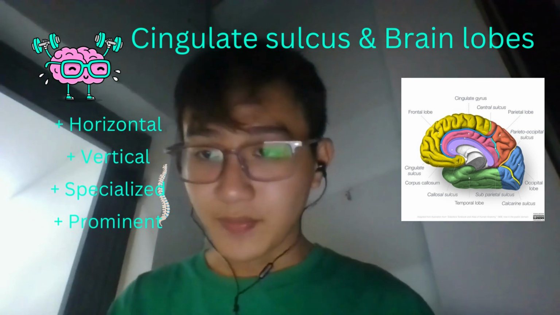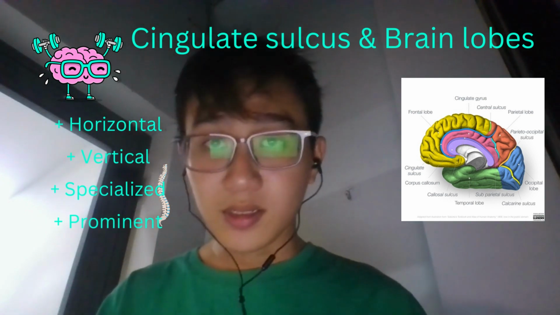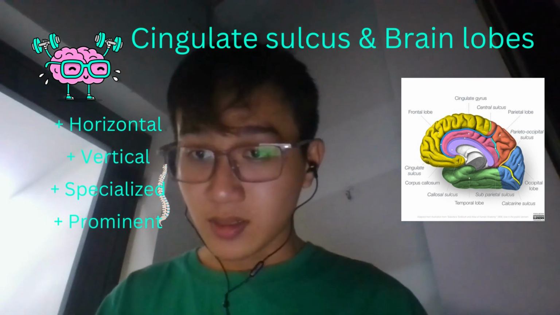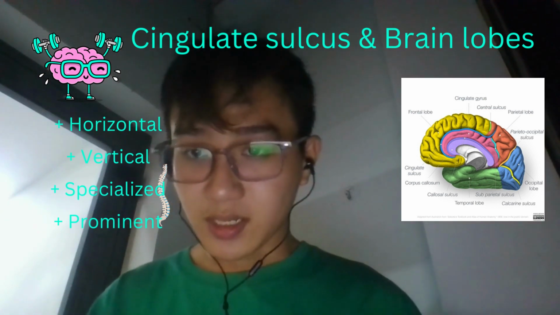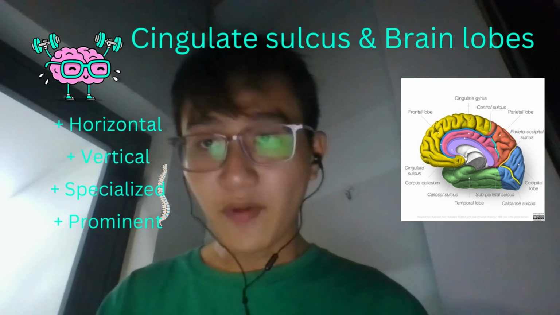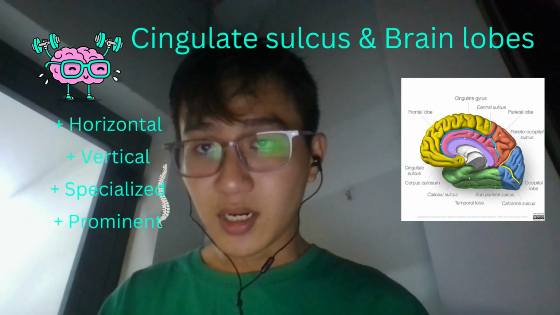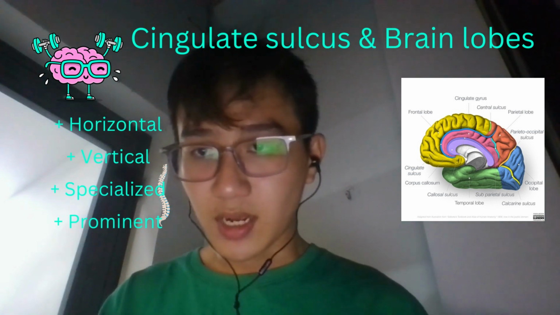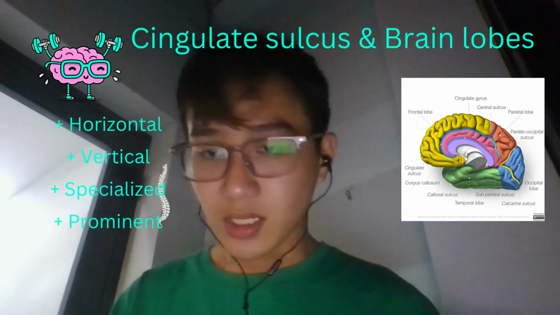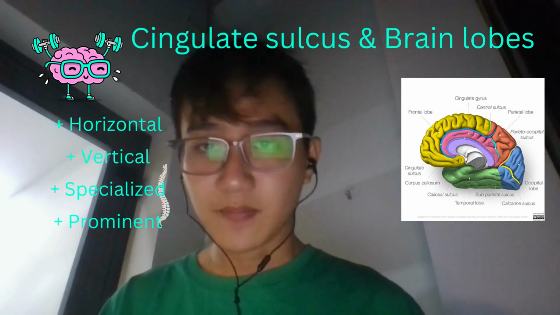But by the way, I found a page that says cingulate cortex, but maybe cortex is different from circuits. So we've got to figure out another page that talks about the cingulate circuits.